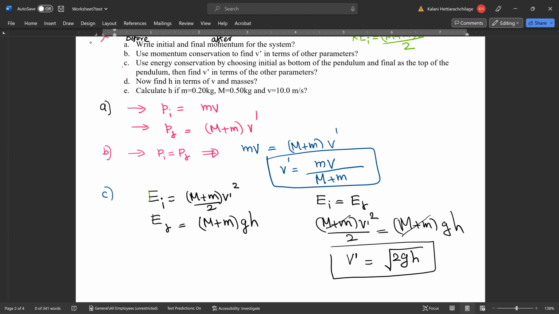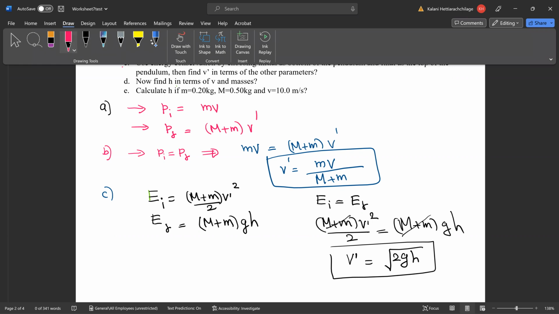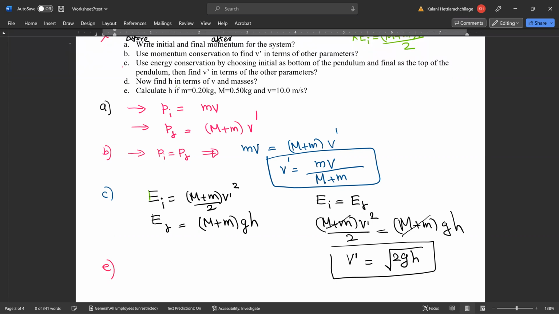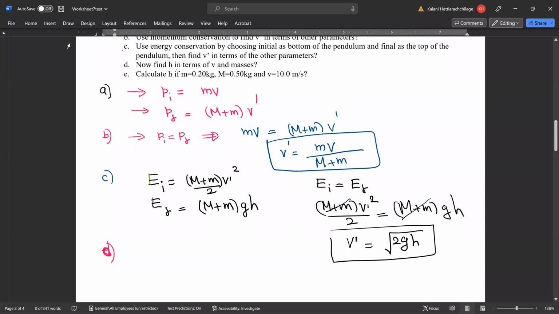Okay, so now part D. Find H in terms of V and the masses. Now we have V prime in two different ways in parts B and C. We're going to make them equal to each other because both are V prime. The square root of 2gh is equal to MV over M plus M, right?